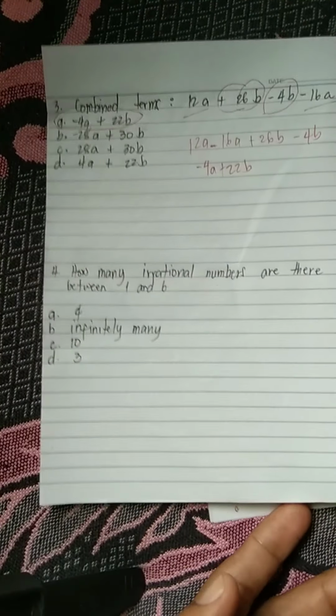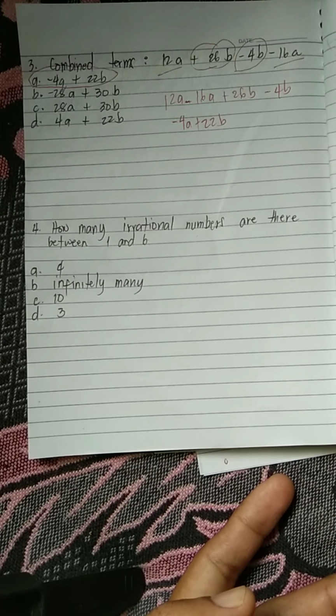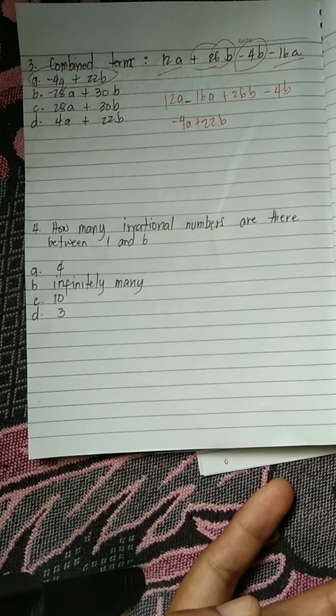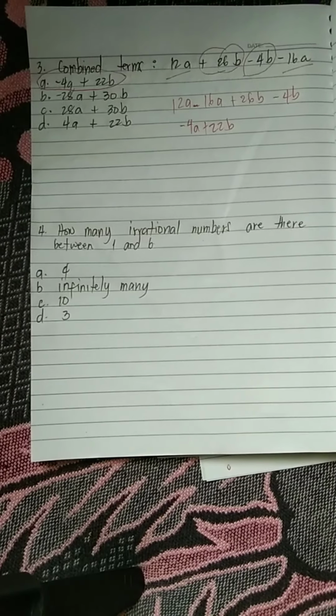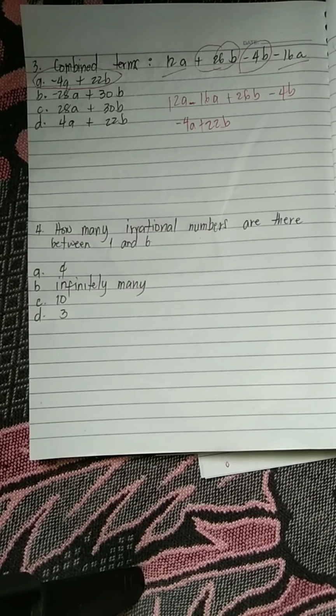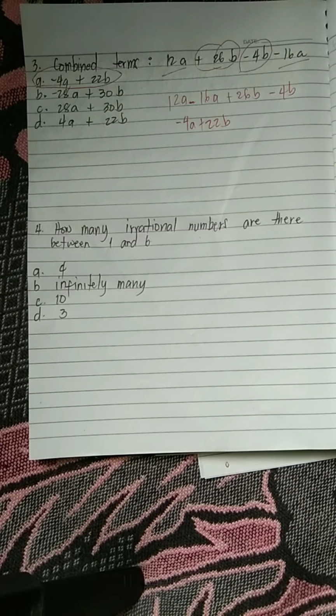Ganun lang yun. Next. How many irrational numbers are there between 1 and 6? Now, when we say irrational numbers, these are the numbers that are not whole numbers, not terminating, non-terminating, as well as non-repeating decimals.